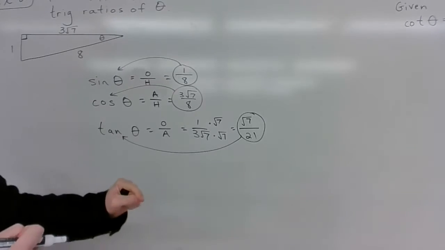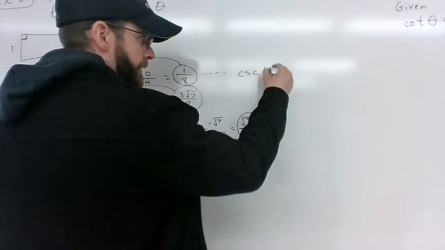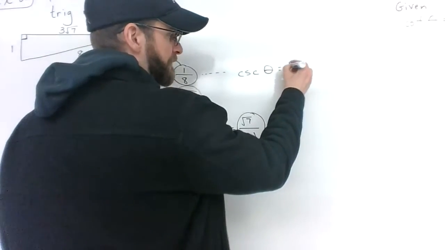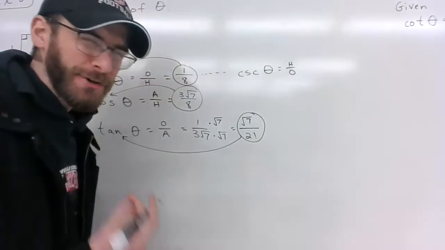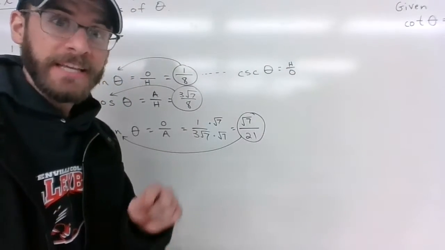Now, recall that cosecant is just the flip of sine. I know, it's kind of hard to remember because you'd think the flip of cosine would be cosecant.